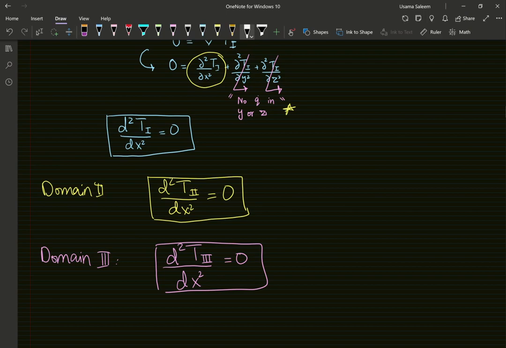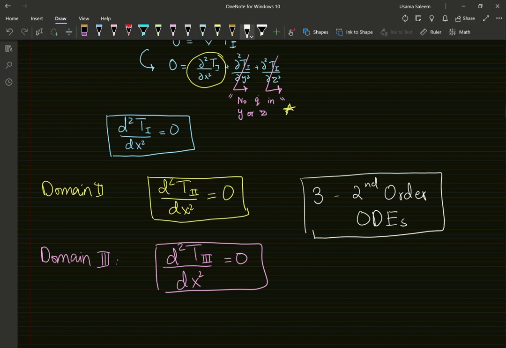So let's see how far we have come. We have 3 second order ordinary differential equations. But in order to solve these, how many boundary conditions do I need? For my first domain, I'm going to need 2 boundary conditions because it's a second order derivative.